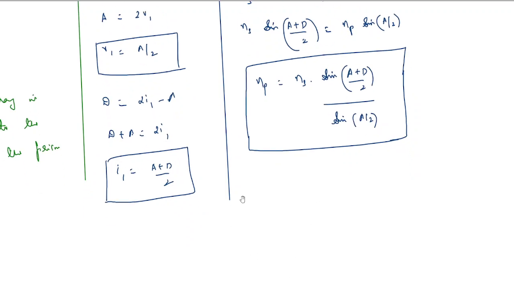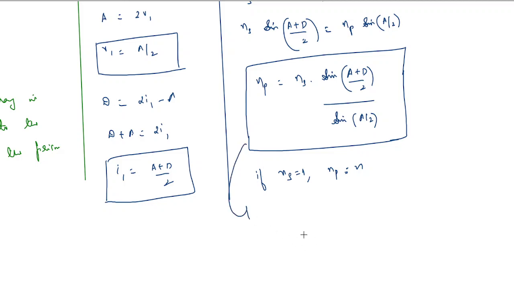Now, in most cases, the prism is kept in air. Therefore, if ns is equal to 1, because for air the value of refractive index is 1, then we have only one other medium. We will call its refractive index n.